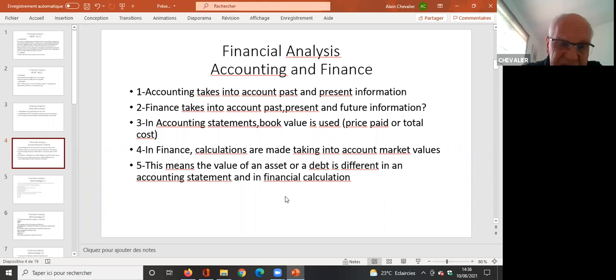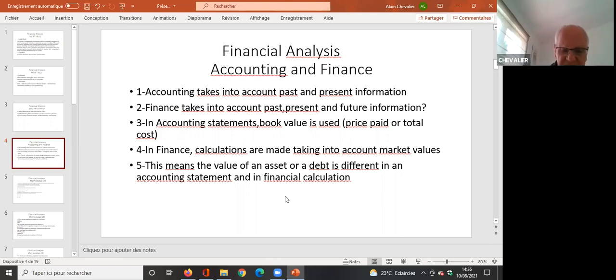So we have two different systems, and we live with these two different systems. And very often, the best information we have, in terms of quality of information, is coming from the accounting system. It means you use data which are calculated applying book value concepts. And financial analysis is mainly based on accounting and mainly uses the book value system.